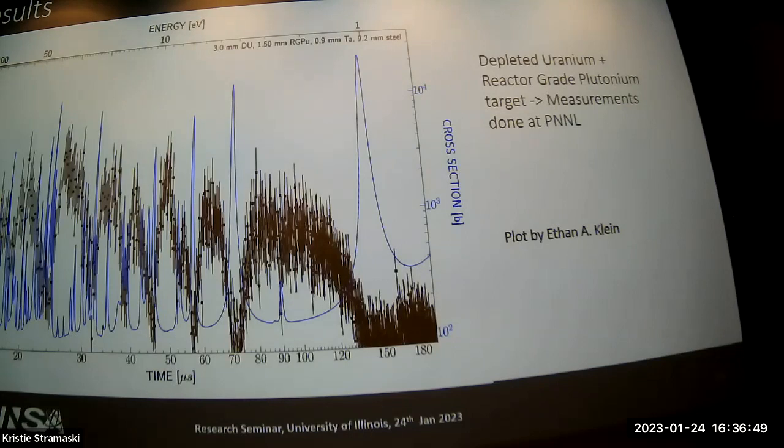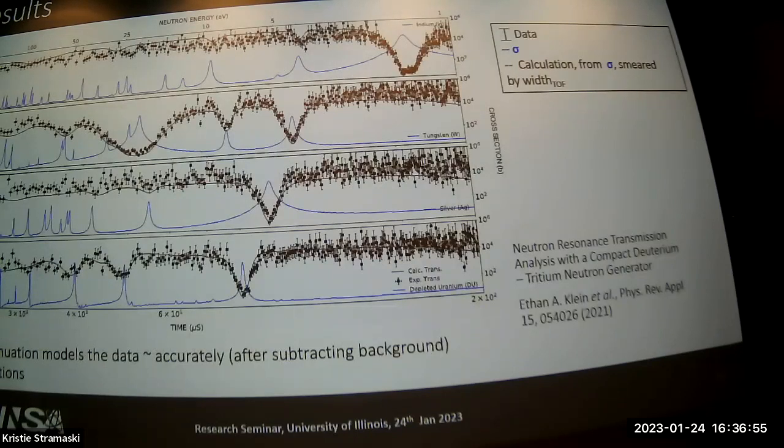There is a continuous line, for example. Here, there's this continuous line, and then there is a dip. If you have two targets present there, one of them doesn't have any resonance, it just attenuates the neutrons by scattering, and the other one has a dip there.